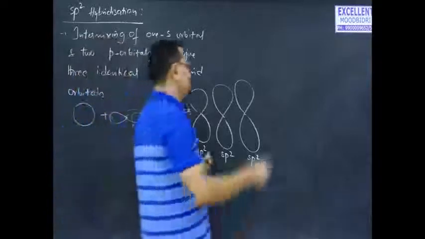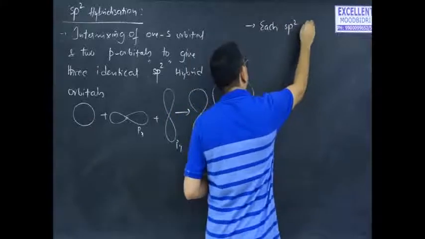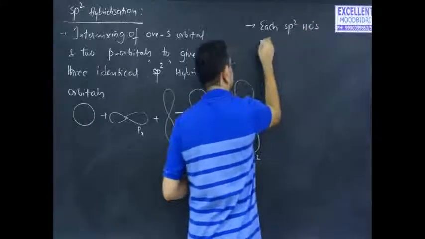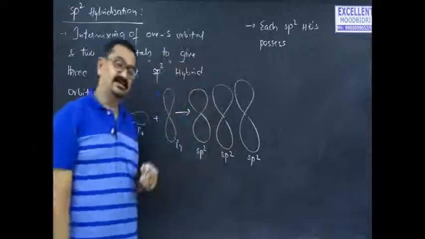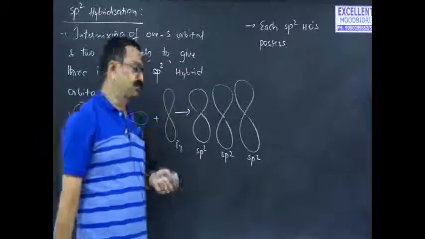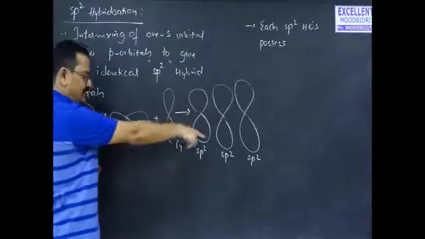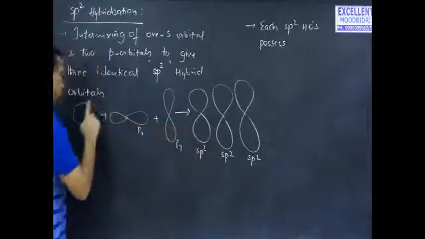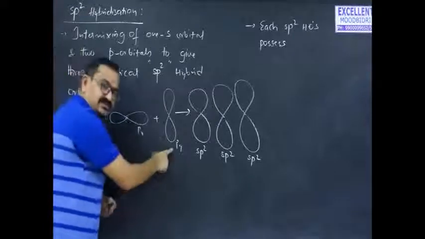Next, each sp2 hybrid orbital possesses what percentage of s character and what percentage of p character? Now you can predict, as three orbitals are getting mixed to give those sp2 hybrid orbitals, one-third contribution is from s, two-thirds contribution is from p.